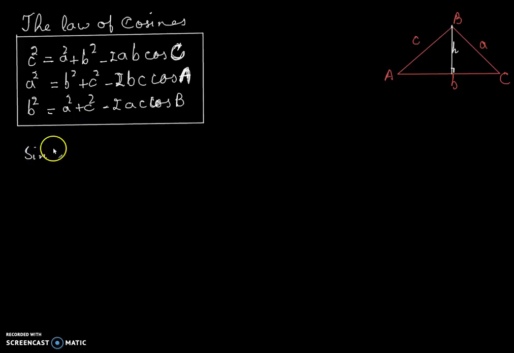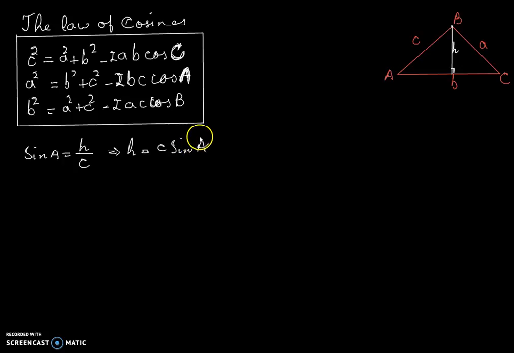So sine A is equal to H divided by C. So then H would be equal to C sine A.